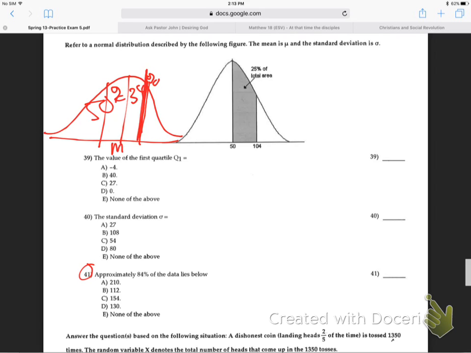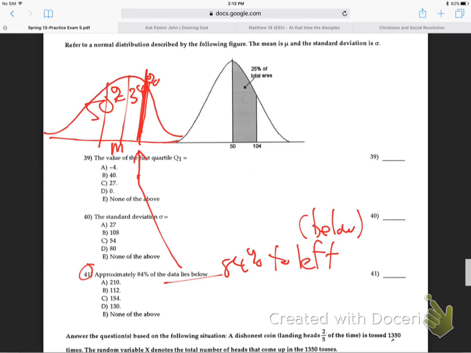This is the middle, this is 1 to the right of the middle. That has 84 below it. 84% to the left, below. Below means left. So it's this spot right there, one jump to the right of the middle, which is not 104. That's the Q3, right?